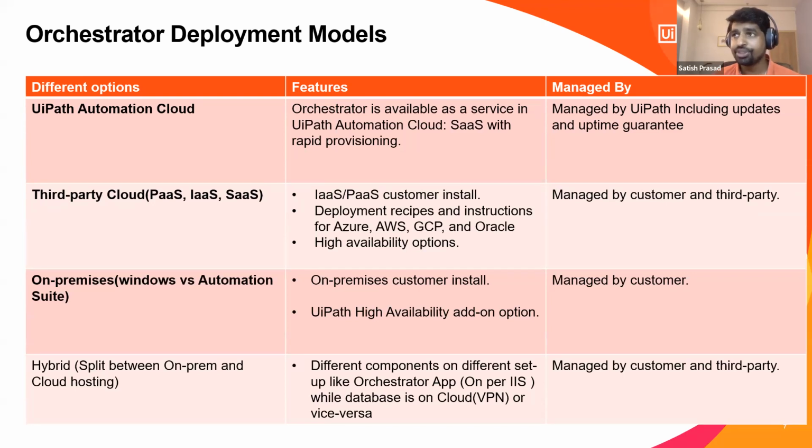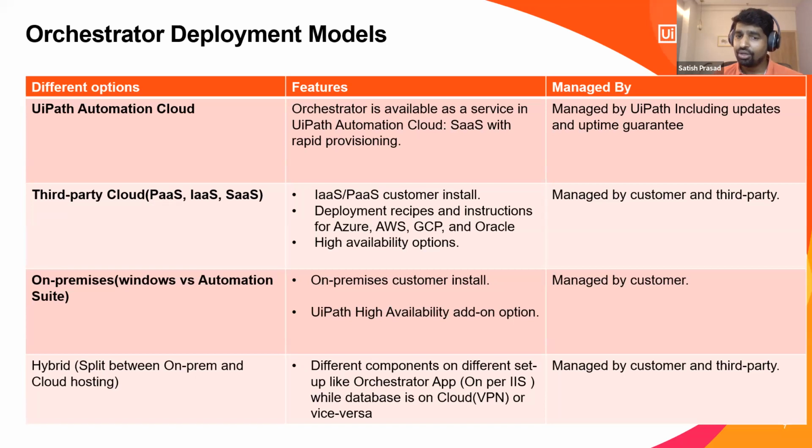The second option of the Orchestrator deployment is third-party cloud, right? We should be able to deploy our platform on Azure or AWS or GCP or Oracle or maybe on Alibaba Cloud, right? All it needs is a Windows server and a database, right?